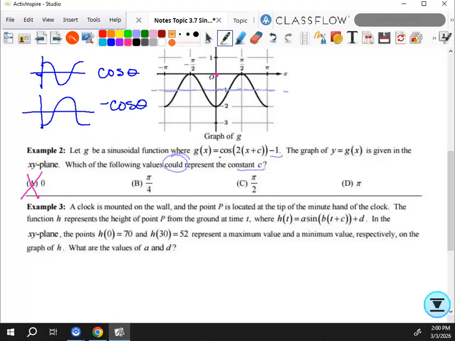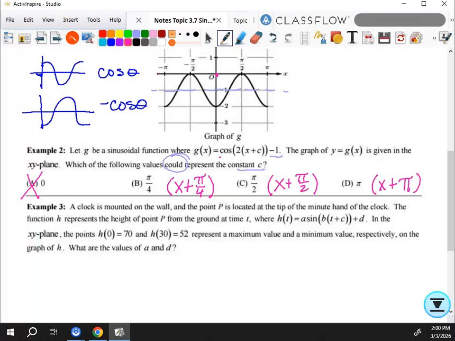Then remember that the x plus c is what we have in there, and this says c. That's a positive pi fourths. That means that this is x plus pi fourths. This is x plus pi halves. And this would be x plus pi. Now, the way that works does not change.